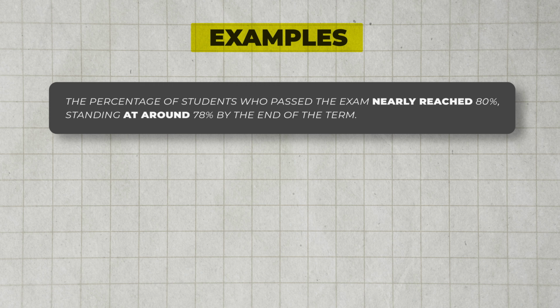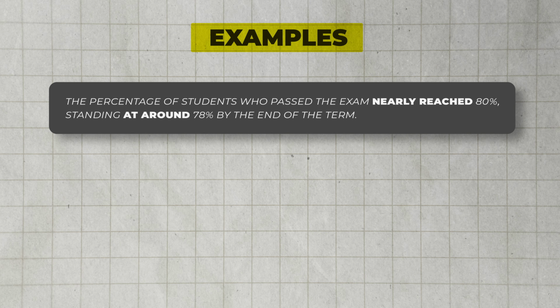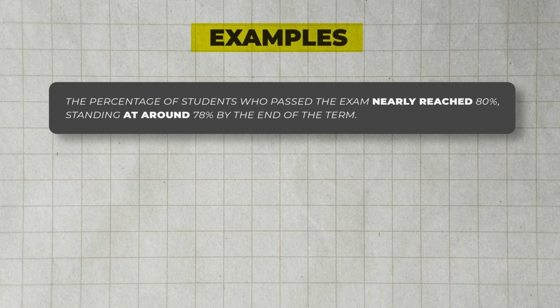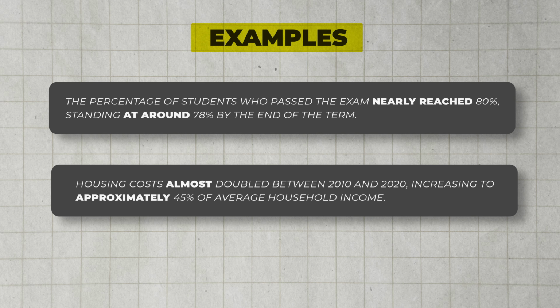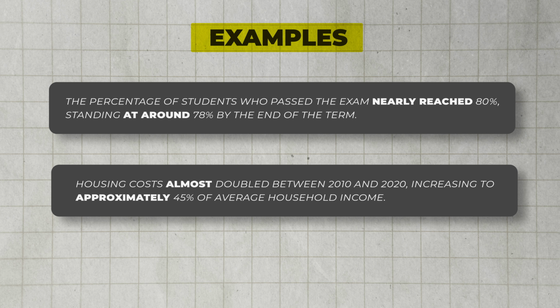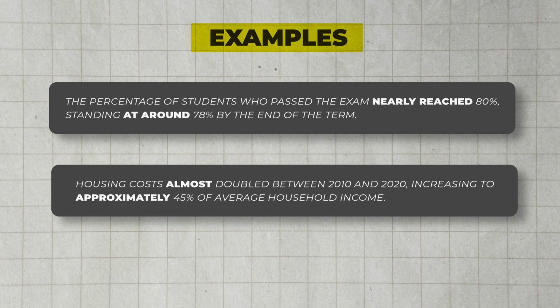The percentage of students who passed the exam nearly reached 80%, standing at around 78% by the end of the term. Housing costs almost doubled between 2010 and 2020, increasing to approximately 45% of average household income.